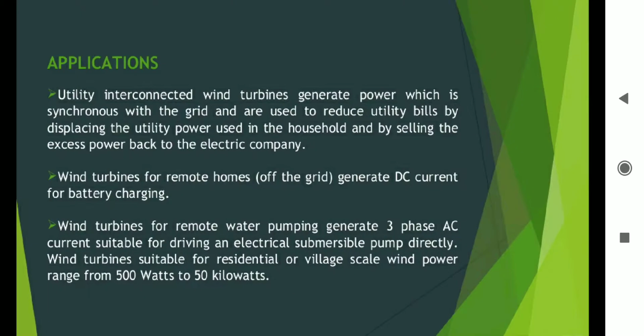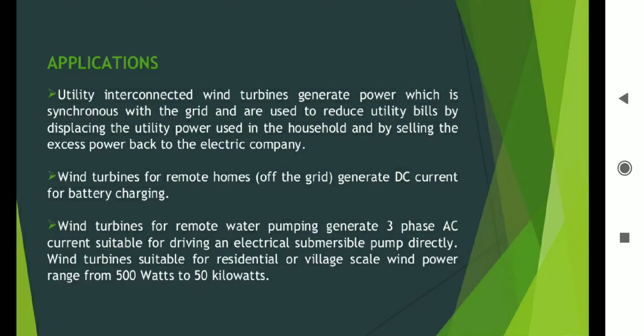Application: as I have already told you, wind power is used for producing electricity, and this electricity is used for various purposes, such as household use. This wind turbine generates DC current, so this DC current is used for charging batteries.